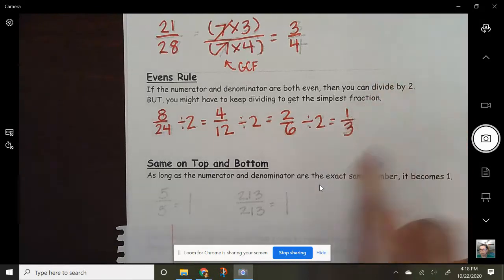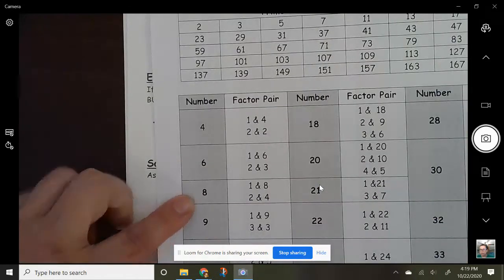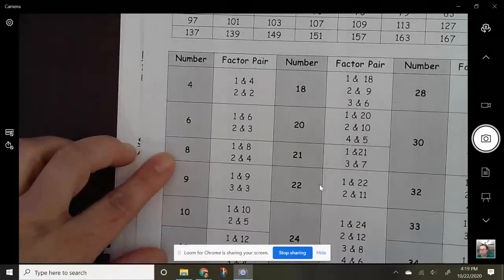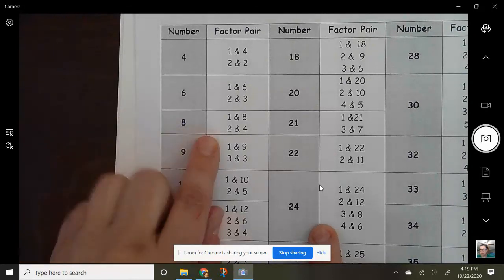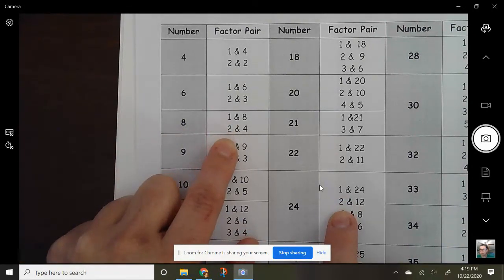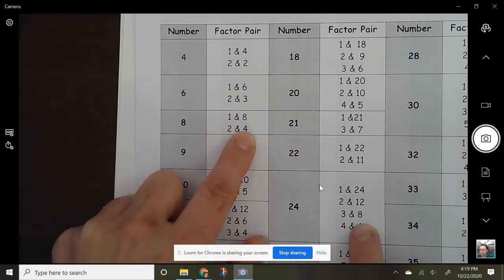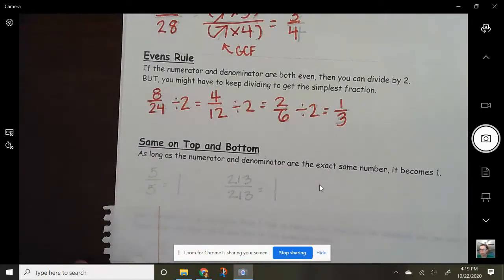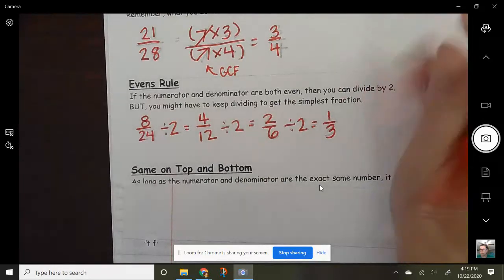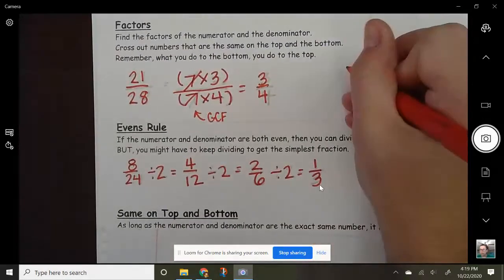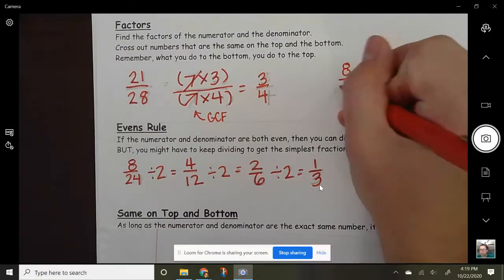If I were to use the GCF way, I would have gone to my 8 and my 24. Let's see here, if you can make sure you see it. And I find my GCF. 1, 2, they both have a 4, 8. I would divide them both by 8. So if I'm doing it the GCF way, I knew my GCF of those was 8.